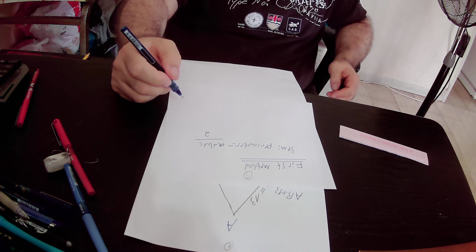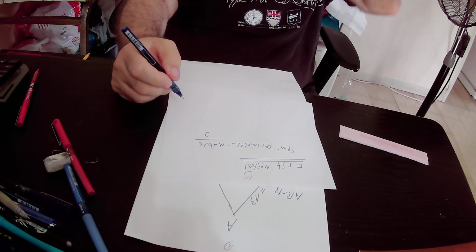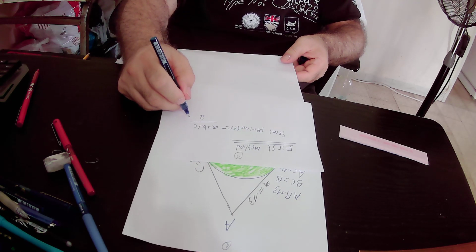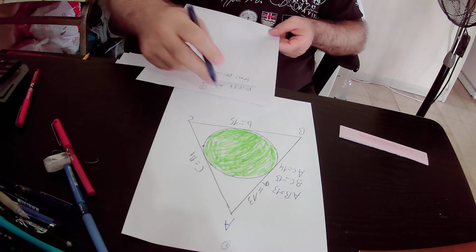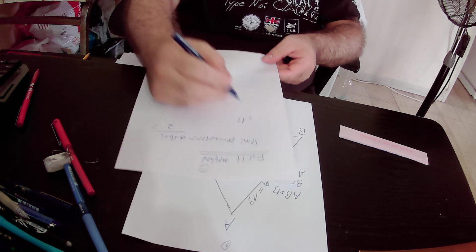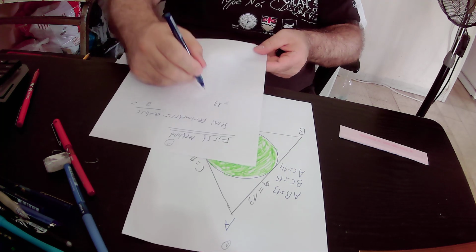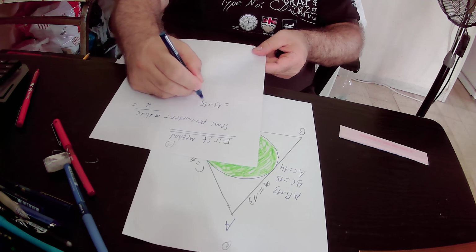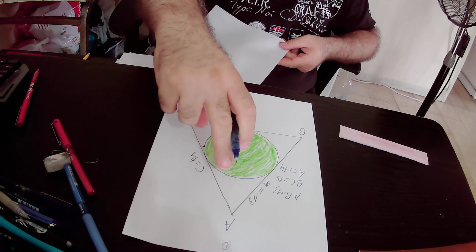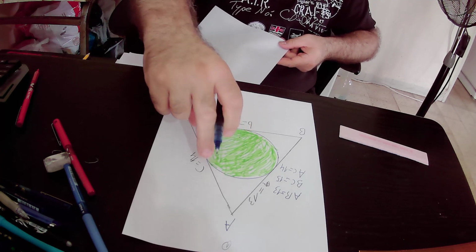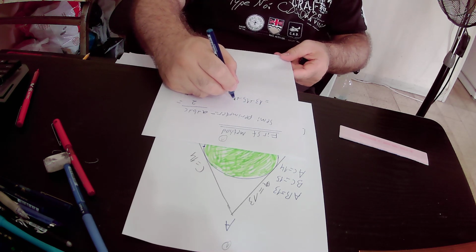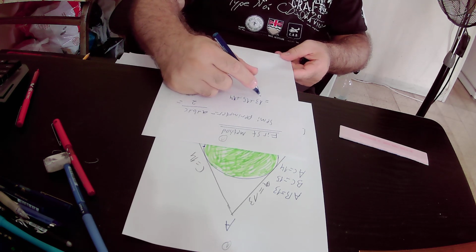So A equals 13 units, B equals 15 units, and side AC, that is C, equals 14 units, and we divide it by 2.